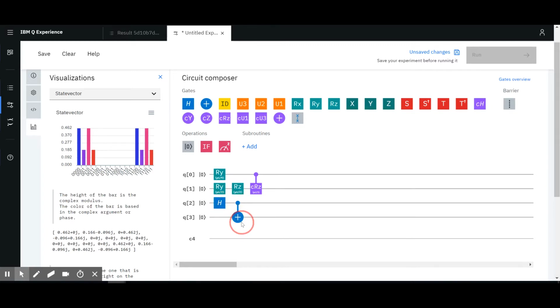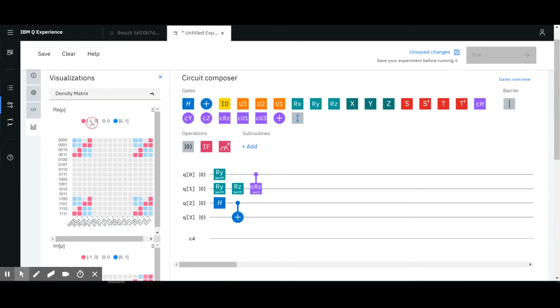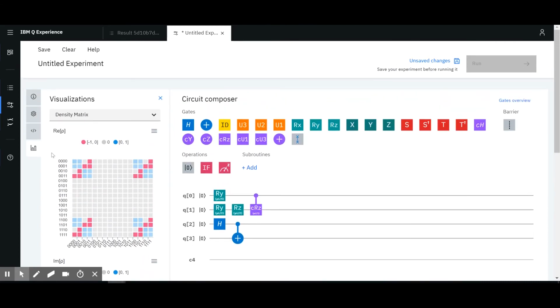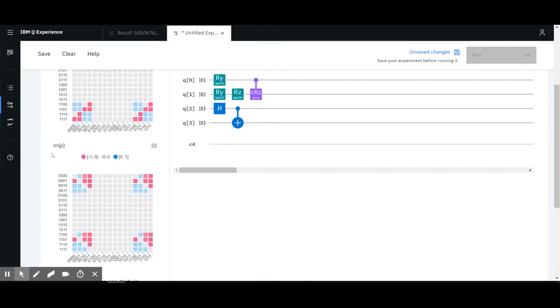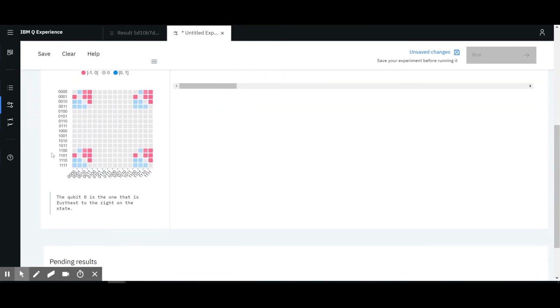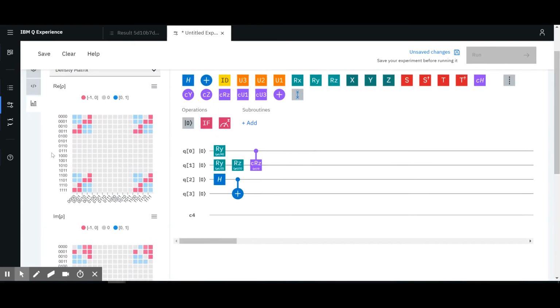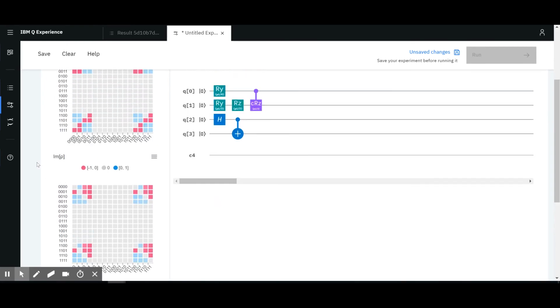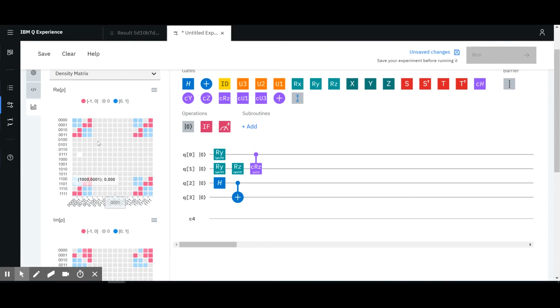In theory I've created a... You see, it's just not obvious. Assuming that's correct, and that's the density matrix, which I haven't explored yet and is definitely worth doing, here you can see the complex dimension, and this is the real dimension, and then you've got colors as in positive or negative.